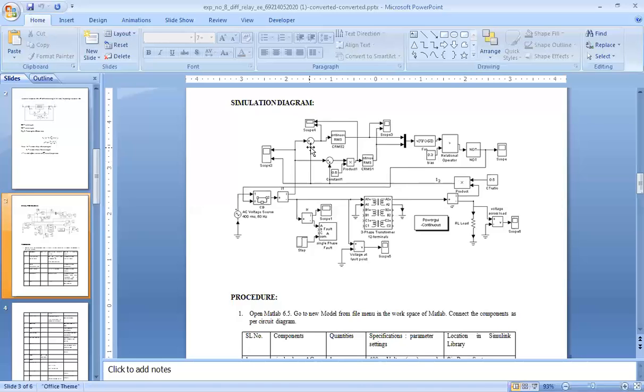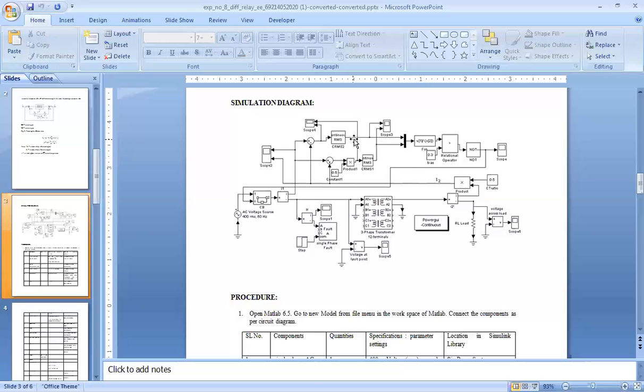And to get (I1 plus I2) by 2, this is done. This is I1, it is sent to the summing block. This I2 is also sent to the summing block, and it is multiplied by 0.5, meaning divided by 2. So this is the through current and this is the differential current.